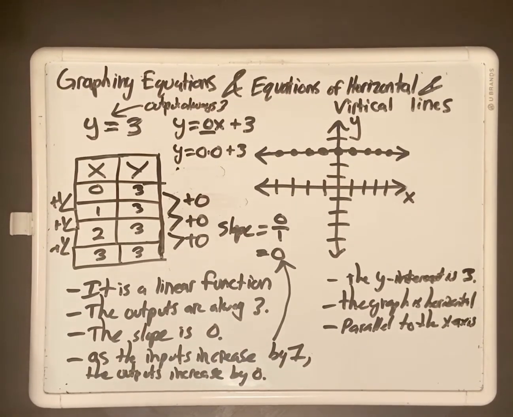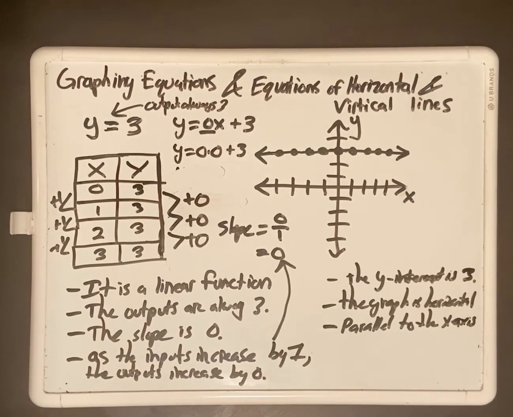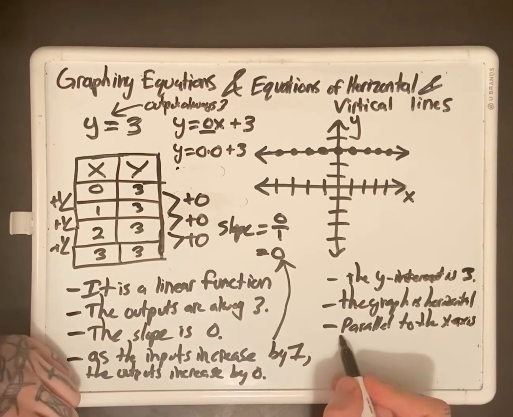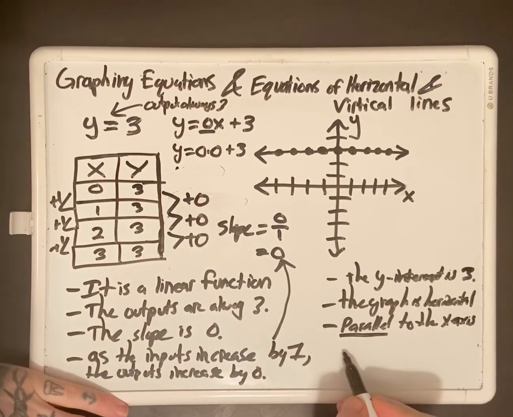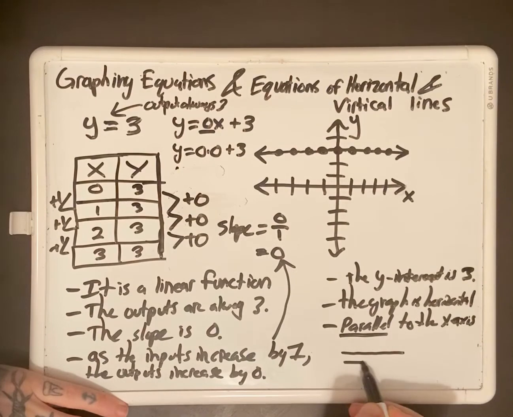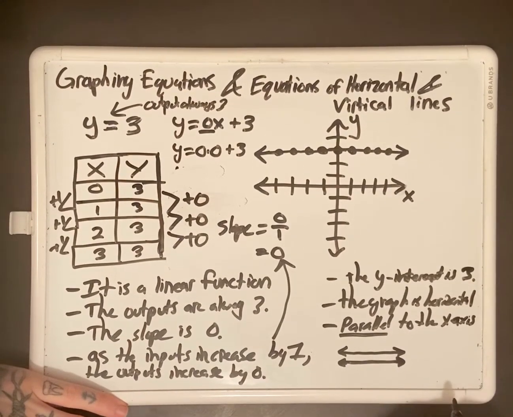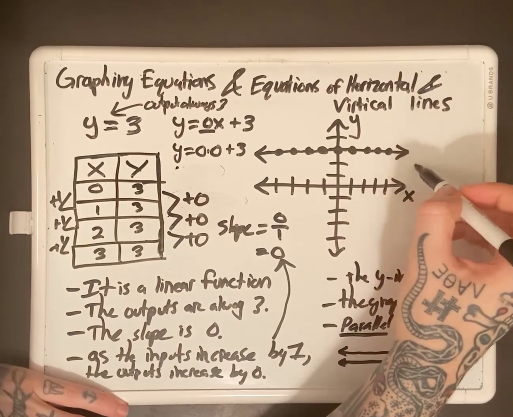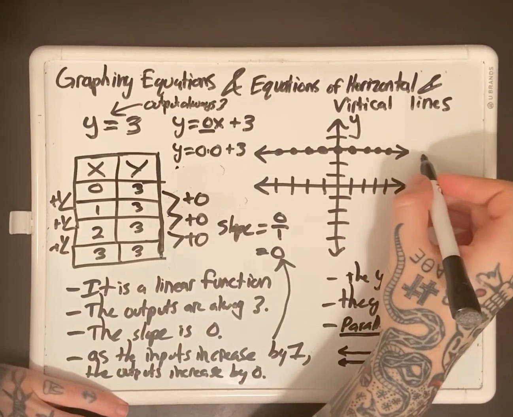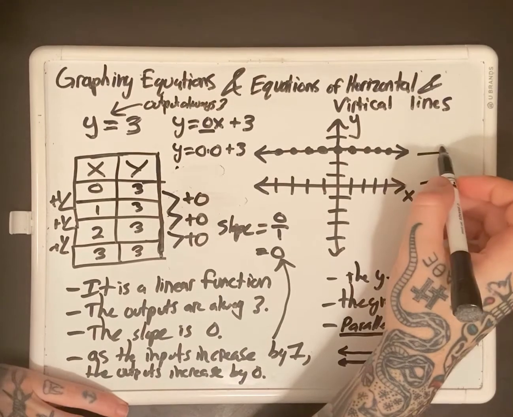So parallel lines, for those of you who don't remember that, are two lines that never meet. These lines go on forever. They never meet. You can think of the analogy of train tracks. And you can see that these two lines here will never meet no matter how far they're extended.